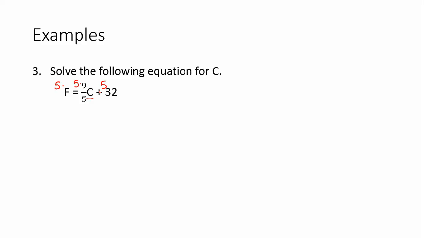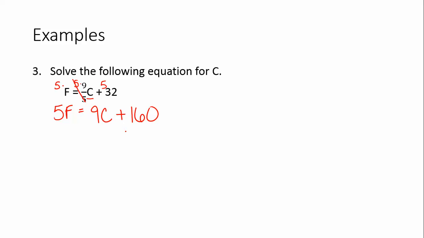So we have 5f equals 9c, because the 5's are going to cancel. And then in a calculator, you can do 32 times 5 to get 160. Again, we're trying to isolate the c, so we see it's being multiplied by a 9 now, and 160 is being added to it.